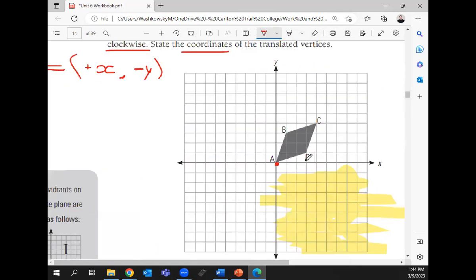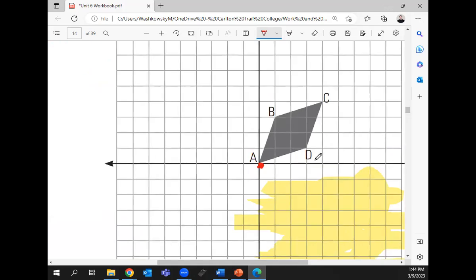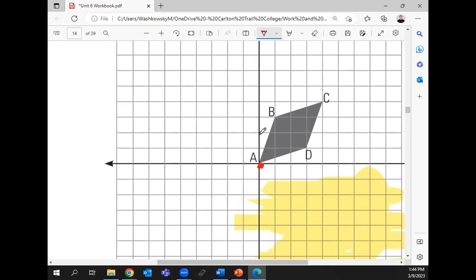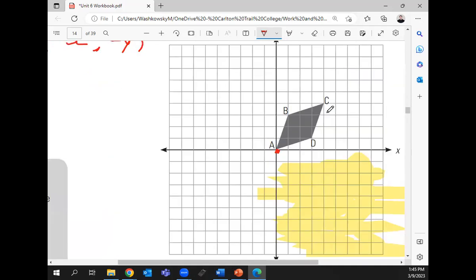So when you're rotating it, it's almost like a mirrored reflection. If I'm rotating this here, my A is going to stay the exact same. In this case, my B is being rotated 90 degrees.